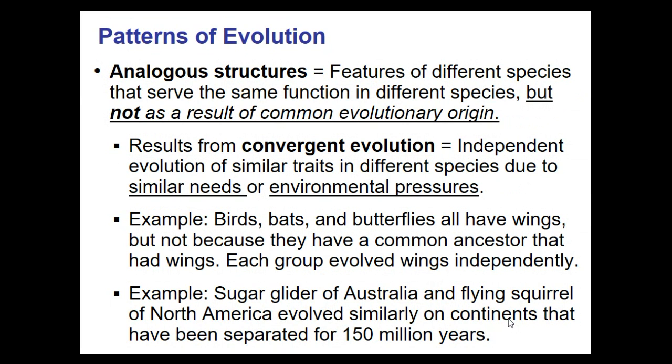It can be confusing. You see a similar feature, they all have wings, and you might assume that they all inherited that from a common ancestor. But in some cases they did, and in other cases they didn't. So it can be confusing.